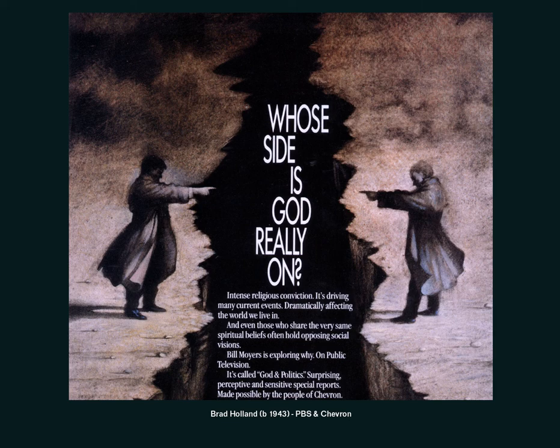And this is a piece for PBS, and Chevron, I think, was the sponsor for this particular piece. But a very interesting use, and it merges that idea of image and type together, living well together.